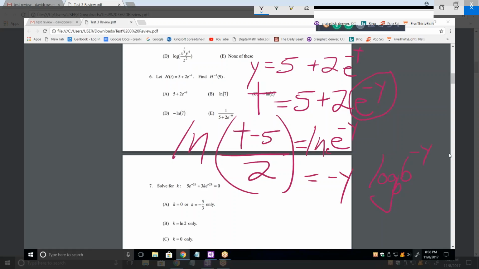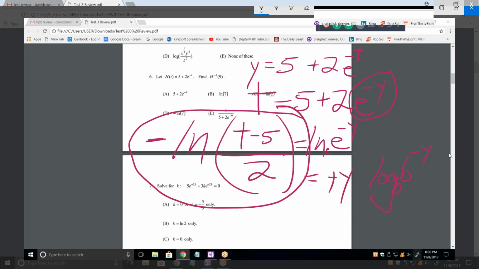So divide both sides by 1, put the minus sign over there. That's what y is equal to, or h inverse of t. So if I want, I can call it h instead of y. I will call it h inverse as a function of t, and it's equal to minus the natural log of the argument t minus 5 over 2.